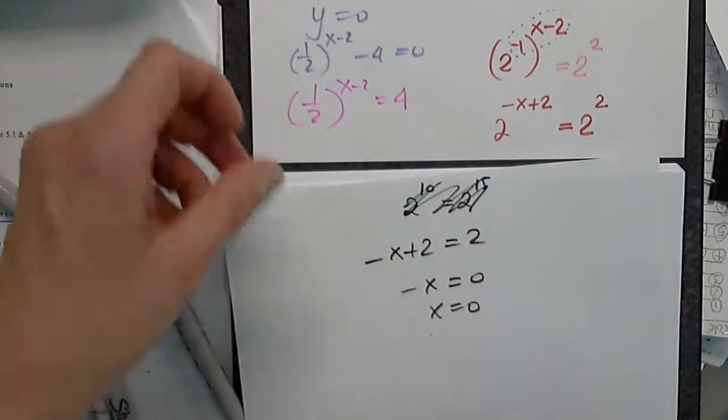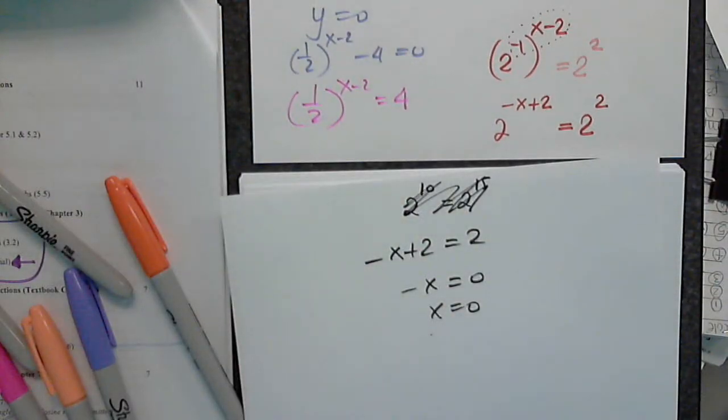So once I show that the x-intercept is 0, the y-intercept will be 0. Because the function is 1 to 1, it cannot cross the y-axis more than once, because it will not be a function, and it cannot cross the x-axis in 2 points. It will not be 1 to 1. Okay.